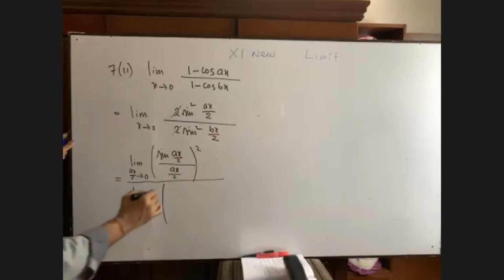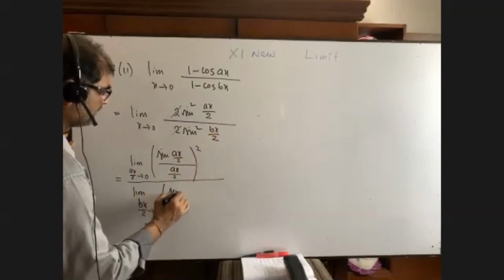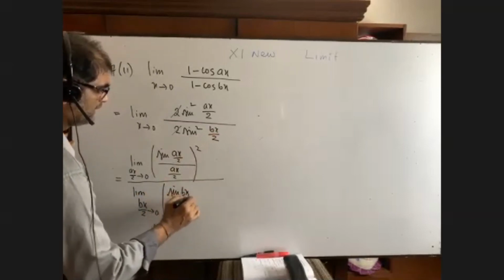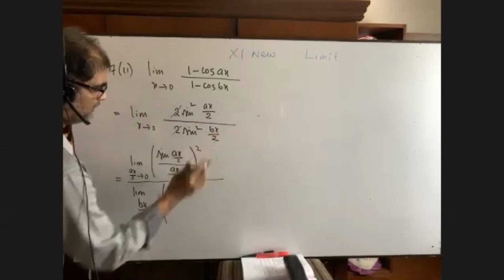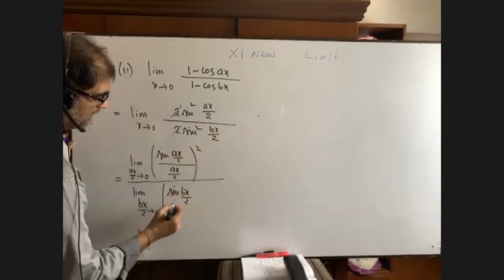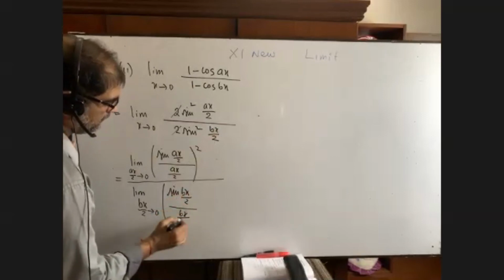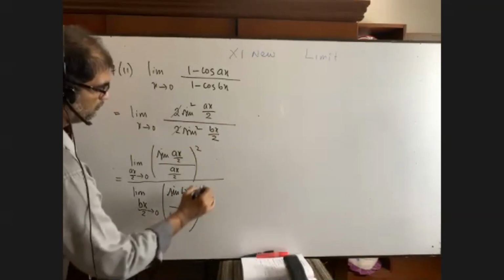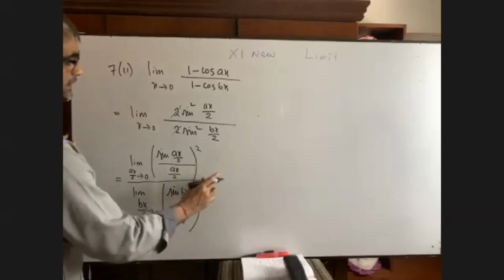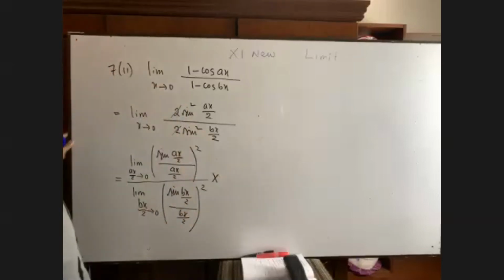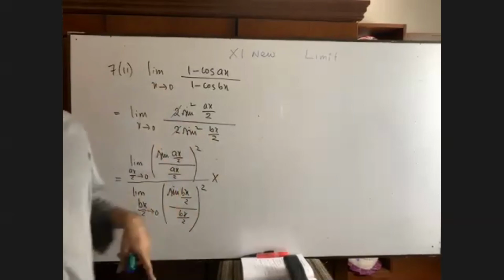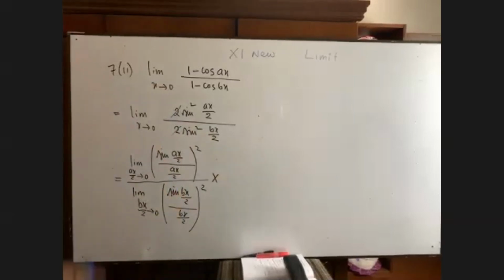Here sine bx by 2, that is sine theta by theta, bx by 2. Please try to understand. We are not done yet, I told you. Actually, at first we have to get the format sine theta by theta.